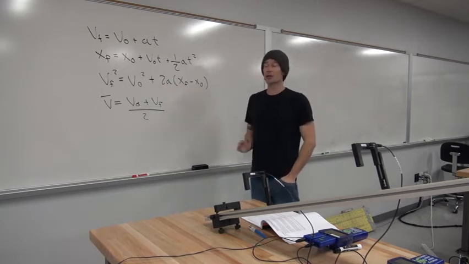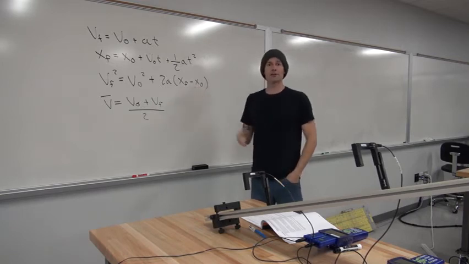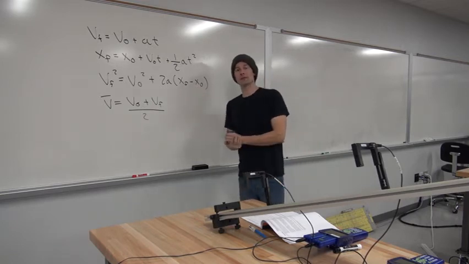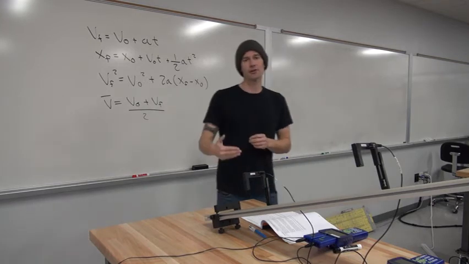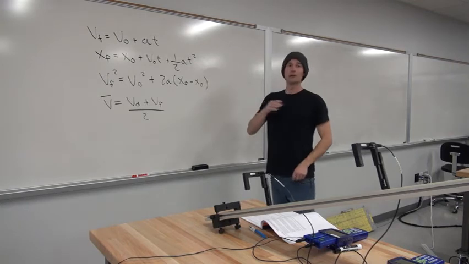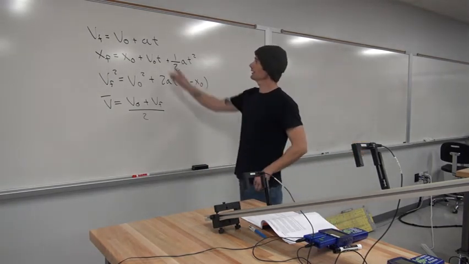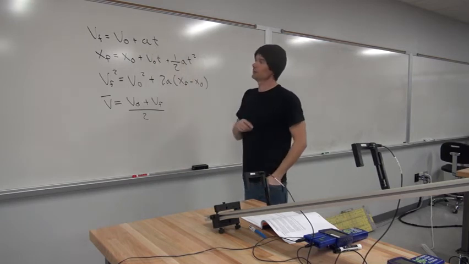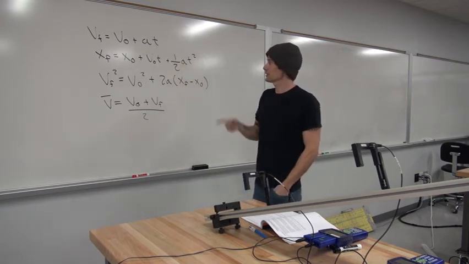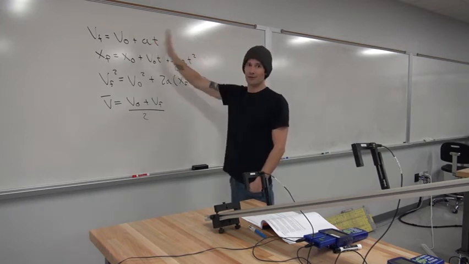For each run, we know our point of origin is just going to be 0, and then XF for each run is going to change between 10 centimeters, 20, 30, 40, and 50 centimeters. Later on in your analysis, you're going to calculate your time, and you can do that with either of these equations, because now you'll have your acceleration.